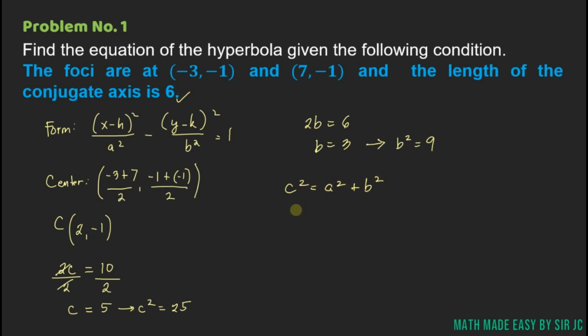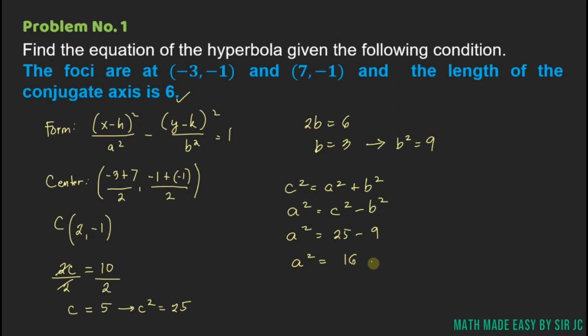Since we have to find a, we have a² = c² - b². By substitution, c² is equal to 25 and b² is equal to 9. Therefore, a² is equal to 16.